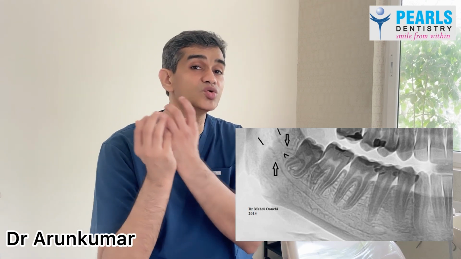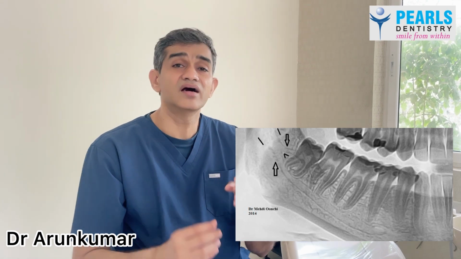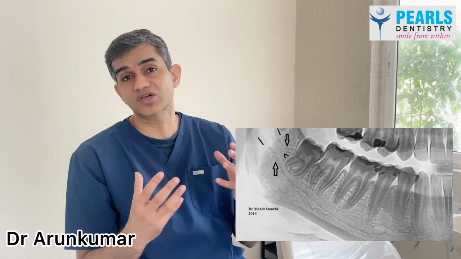Sometimes, because the wisdom tooth is the last tooth and it comes near the angle of our jaw, from the angle it erupts forward, the position of the nerve and the position of the tooth root can be in very close proximity to each other. So when they are in very close proximity to each other, a wisdom tooth removal can lead to a nerve involvement. So what do I mean by that?